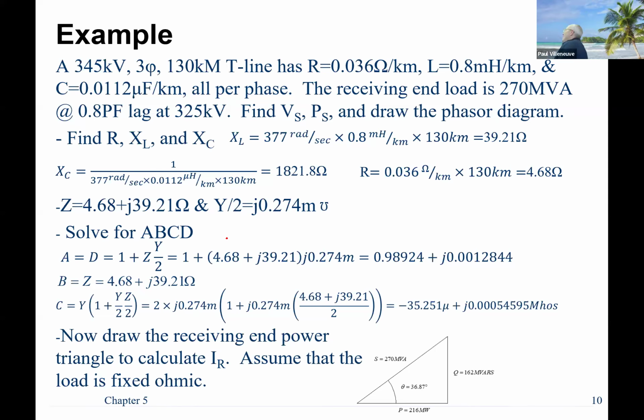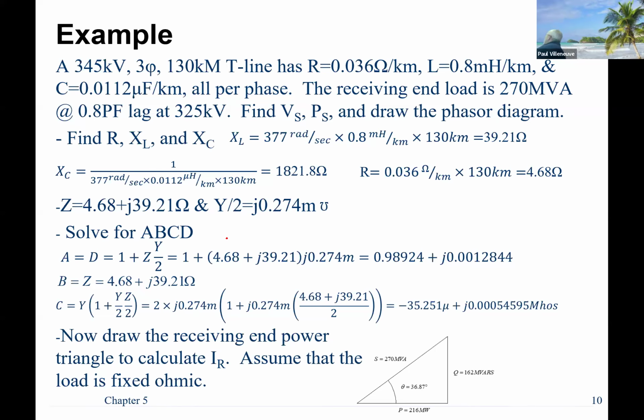And capacitance is 11.2 nanofarads per kilometer. So all of a sudden, you should start thinking like, wow, I'm getting L's and C's. I'm not getting any X of L's or X of C values. So one of the things you're going to need to do is calculate reactance, right? Because I can't do anything with this from an AC circuits perspective unless I have reactance terms. So I've got L and C. I'm going to have to calculate X of L and X of C.